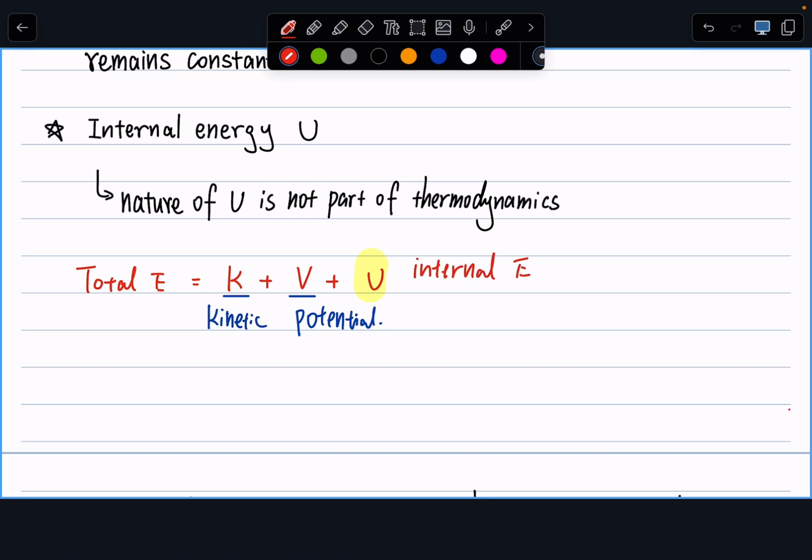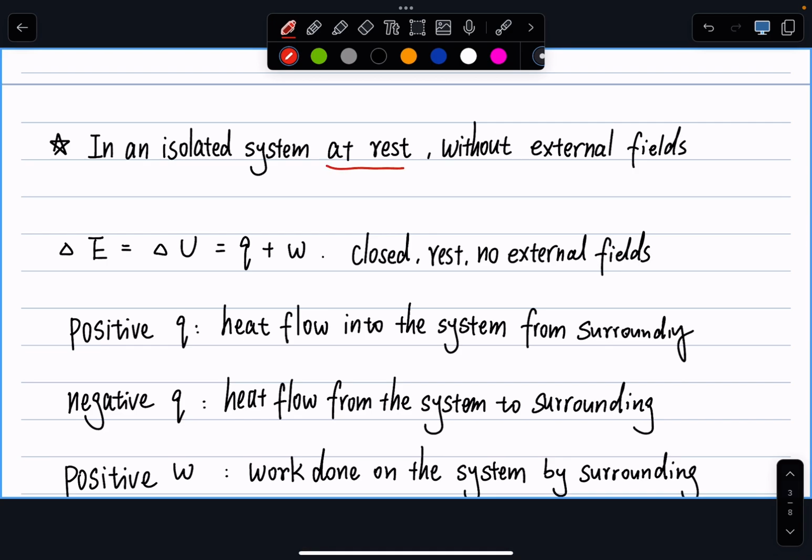And to save us a little bit of time, we can set our system to be something that is at rest and without external field. When we make these assumptions, at rest tells us our kinetic energy equals 0, and no external electric field or gravitational field tells us our potential energy equals 0.